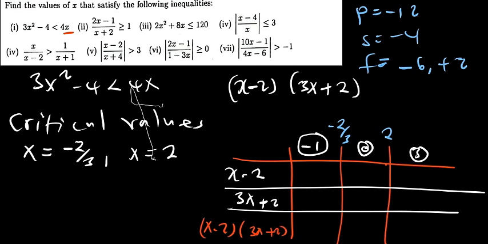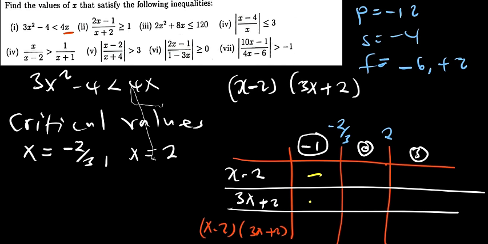Done. Now the next thing which we're going to do is if I put positive 1 where there is x, am I going to get negative or positive? I'm going to get a negative because negative 1 minus 2 is negative. If I put negative here, am I going to get positive or negative? I'm going to get a positive.